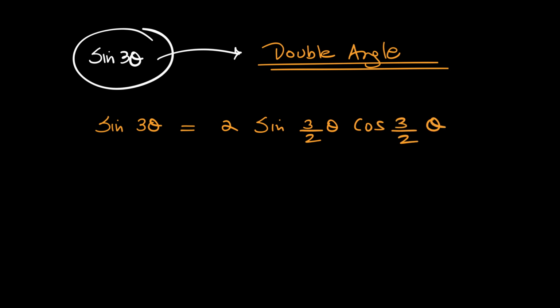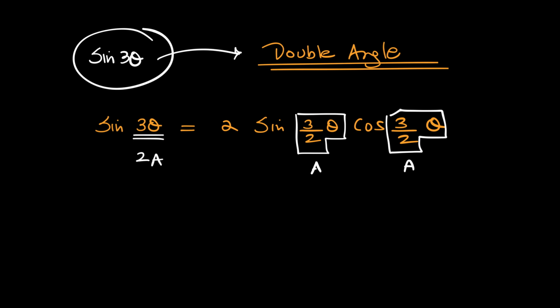The question is, on which basis have I written this formula? If this is A, therefore this is double of that, this is 2A. But this methodology of working it out using the double angle formula won't work because we don't have the ratios for sine of 1.5 theta, cosine of 1.5 theta.